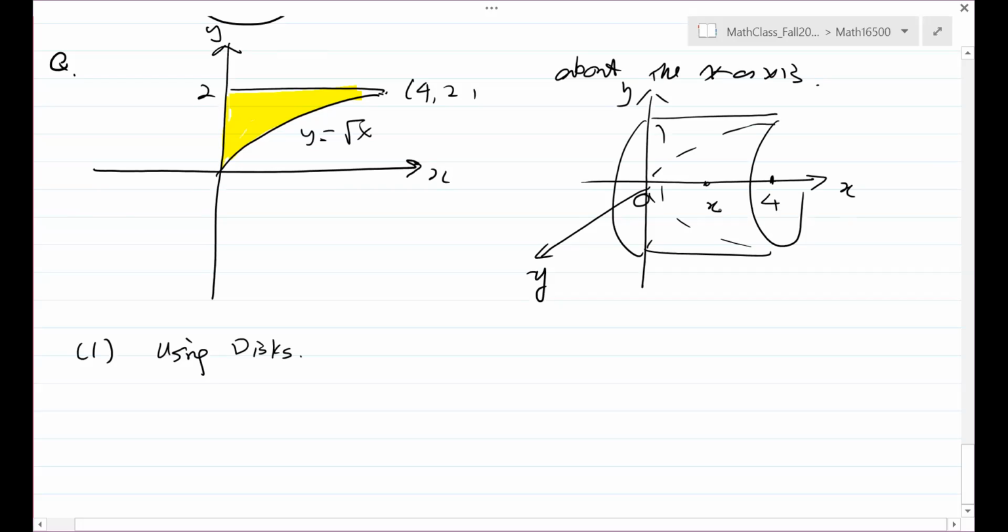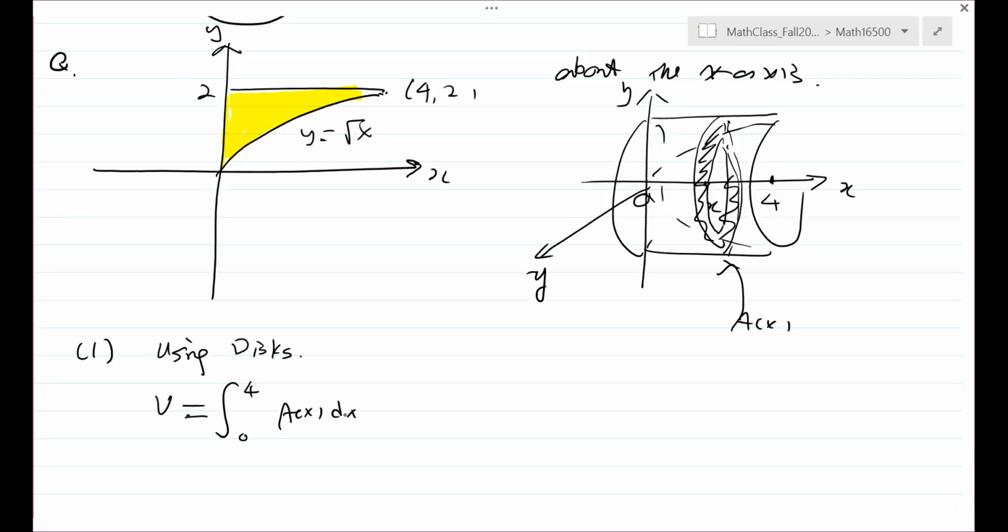Then you get this disk. So the area is going to be denoted A(x). So the volume is going to be the integral from 0 to 4 of A(x) dx, the integral of the area of the cross section.